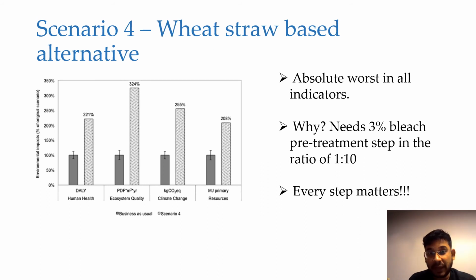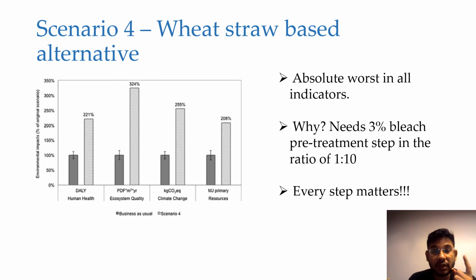And the wheat straw-based alternative instead of the other ones in the wooden doors actually gave really hilariously worse impact on all categories. So again, what do we know about that? Why is that really, really bad?